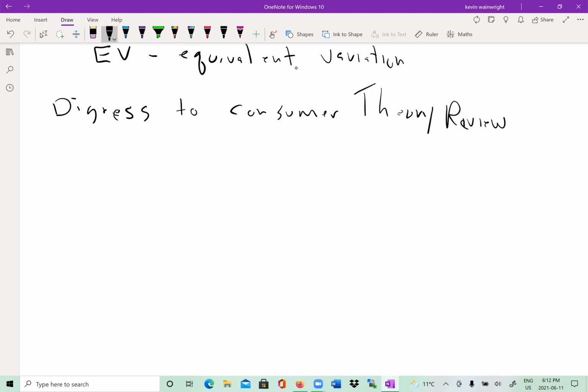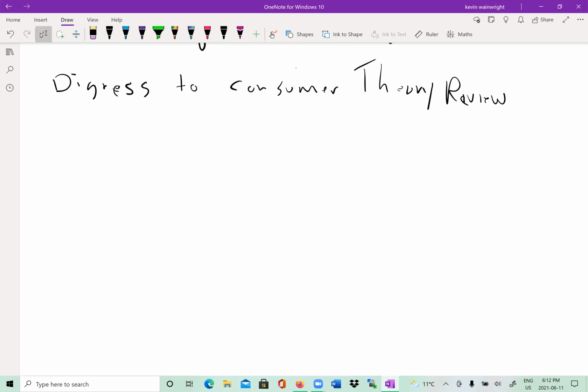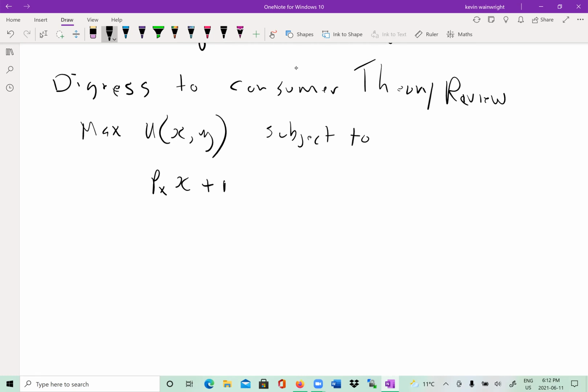everybody understands this. So in consumer theory, we know that people want to maximize their utility of two goods, X and Y, subject to the price of X times X plus the price of Y times Y is less than or equal to some kind of budget.